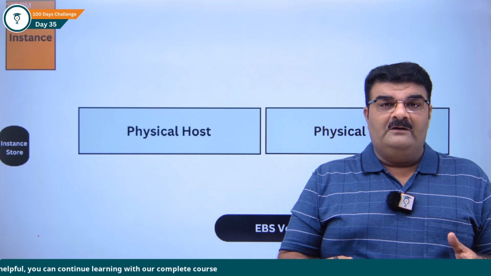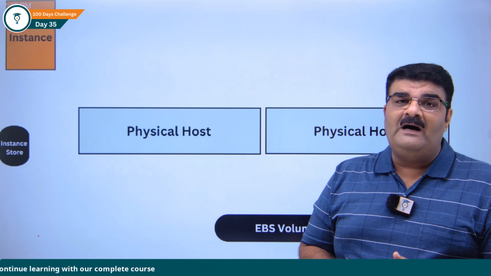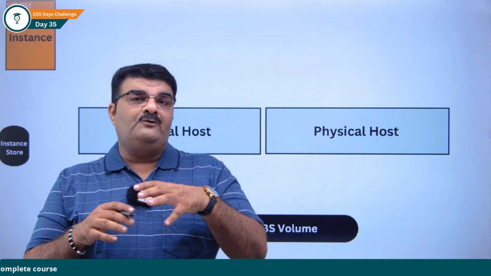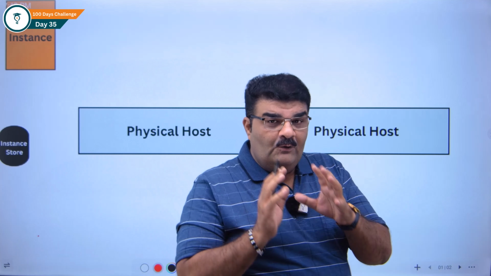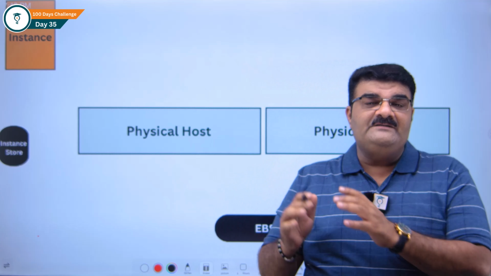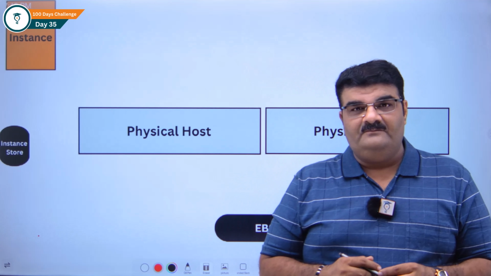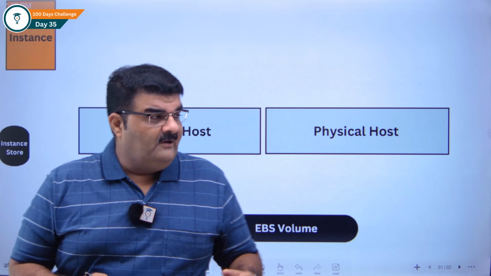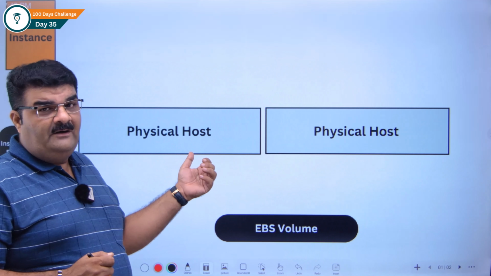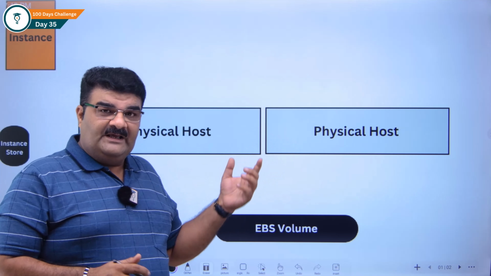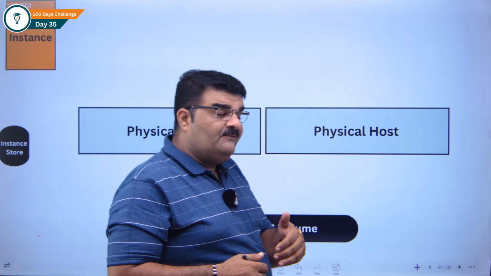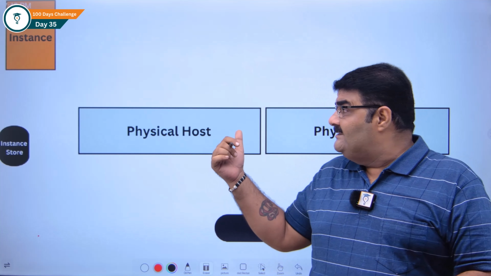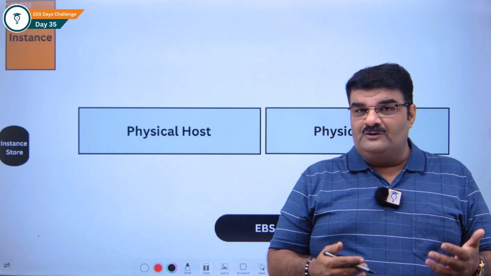First of all, before I explain Instance Store and EBS, I want to explain one normal behavior of our EC2 instance. To explain, I have this figure on my board. I have two physical hosts. As you know, an EC2 instance is a kind of virtual machine, right? And we need physical hosts in order to run these virtual machines.